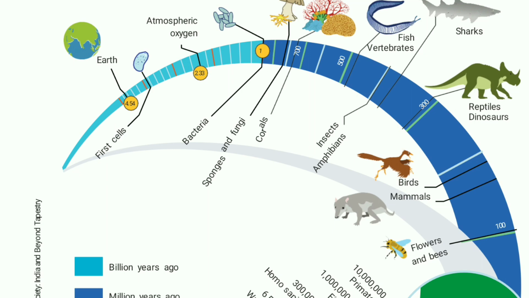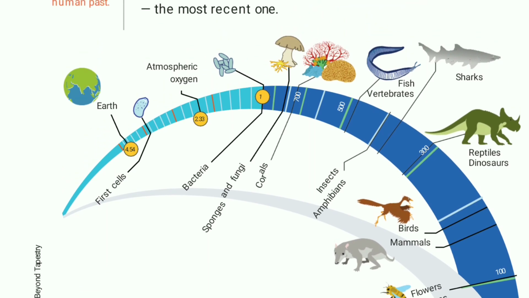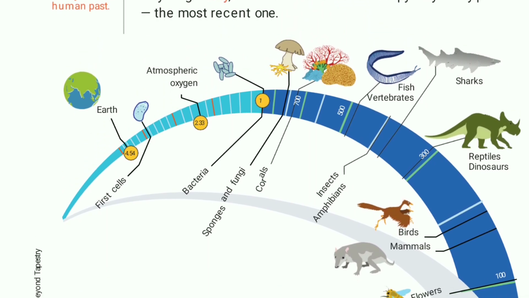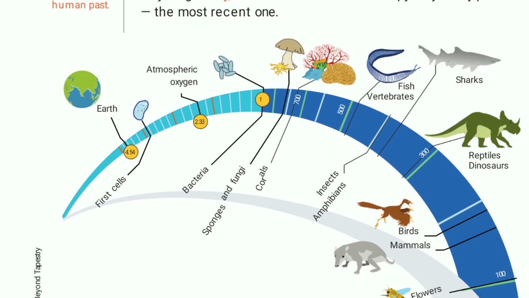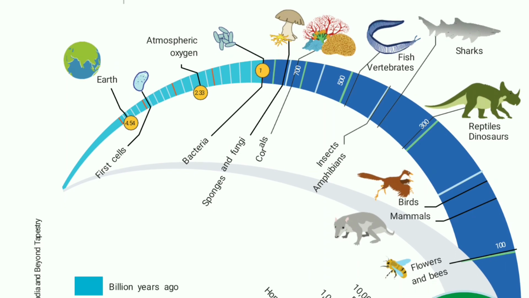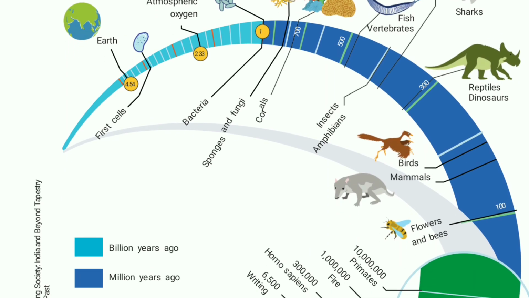Then there is the first cell. Then there is atmospheric oxygen, 2.33 billion years. Then there are bacteria, sponges and fungi, corals, insects, fish, vertebrates, amphibians, sharks, reptiles, birds, mammals, flowers and bees.